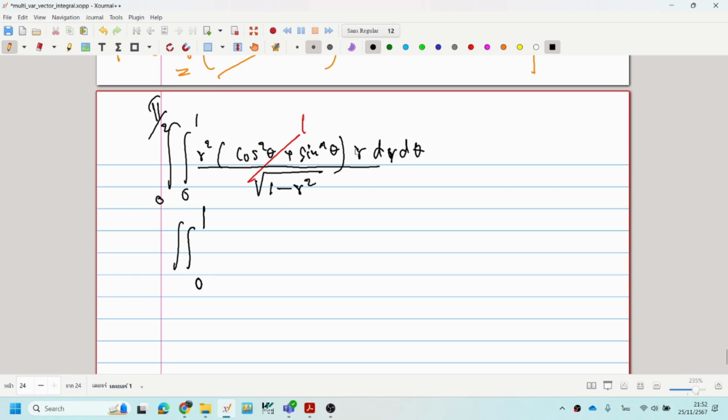Okay, I look at this integral problem. It looks simple, right?